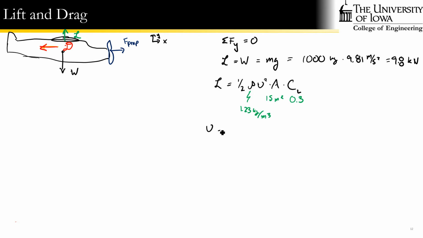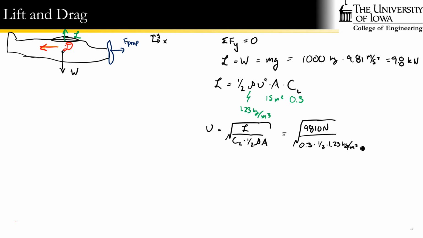So U is going to be equal to the square root of lift divided by CL times 1/2 times rho times A. 9810 newtons divided by 0.3 times 1/2 times 1.23 kilograms per cubic meter times 15 square meters will work out to be 59.33 meters per second.